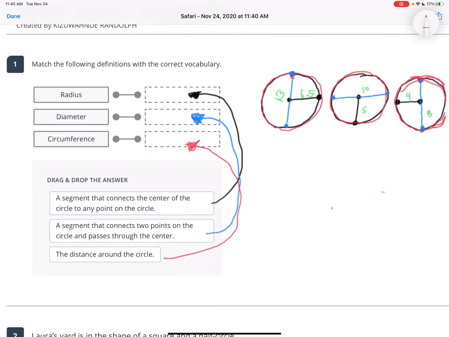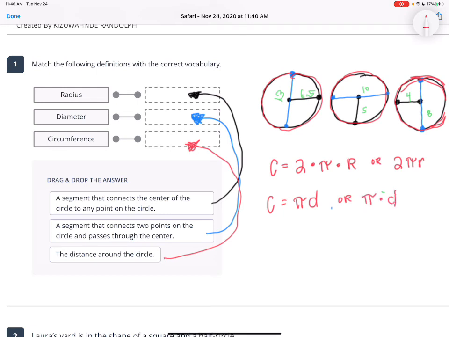And I'm going to write the formula for circumference right here, which is circumference is equal to 2 times pi times radius, which could be represented like this, 2 pi r. Or you could do circumference equal to pi times diameter. Or you could write it like this, pi times diameter.